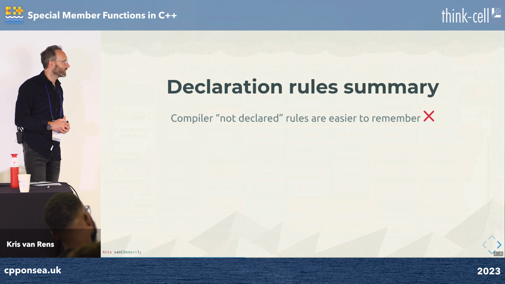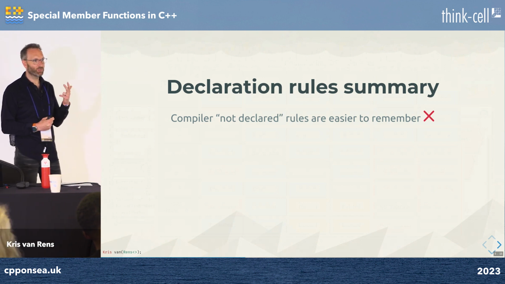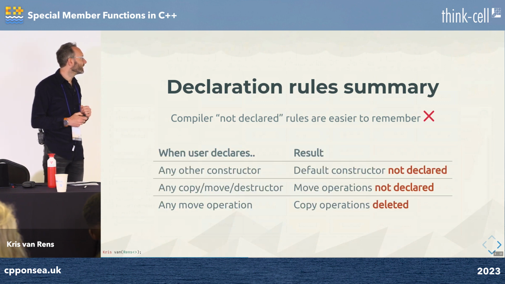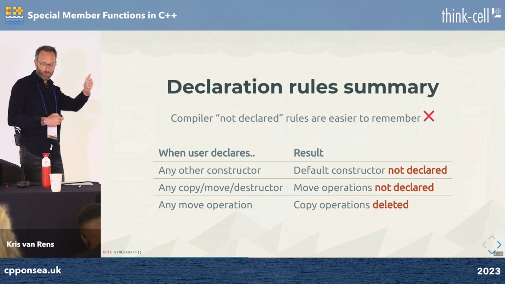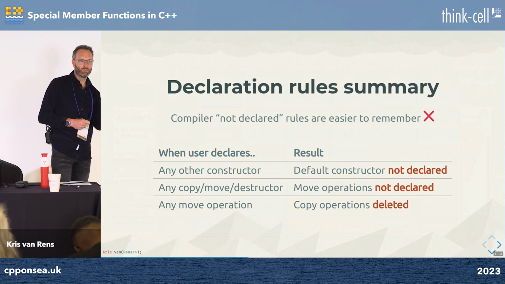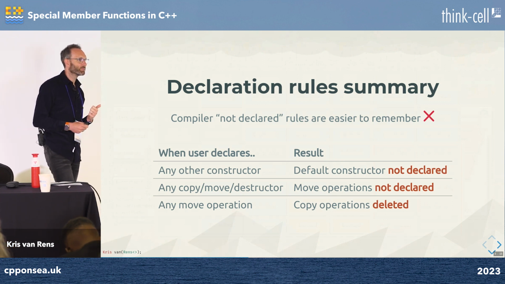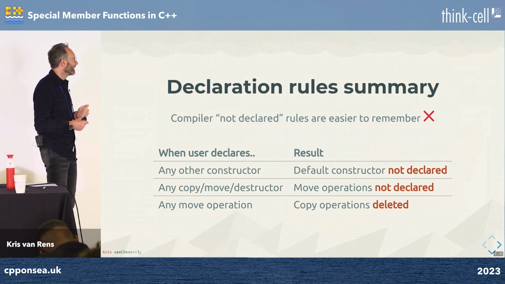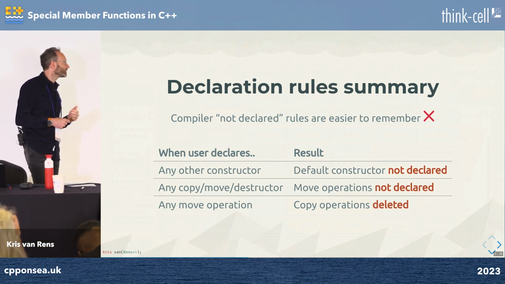We'll put that in our head, because that's only three general rules that we have to remember. So if we declare any constructor, we lose the default constructor. That's easy to remember, right? And it makes sense also.